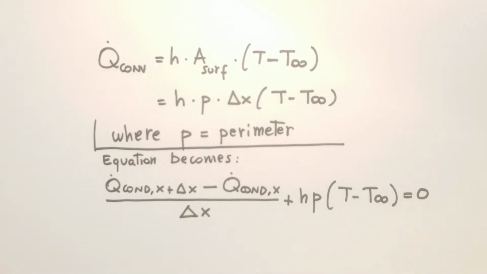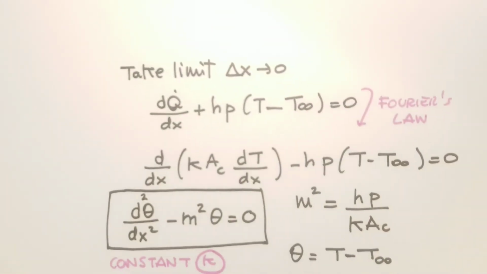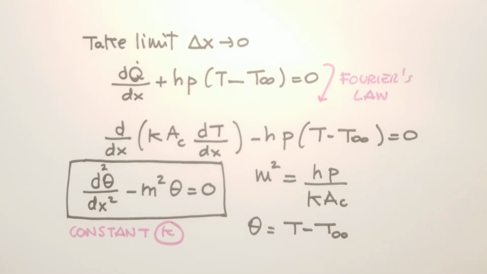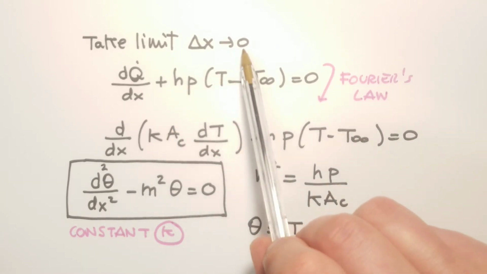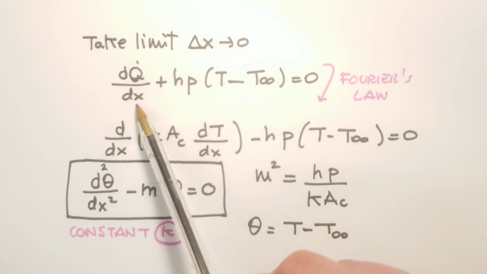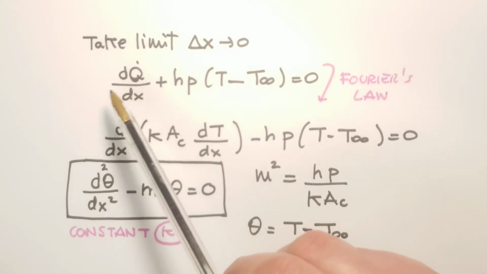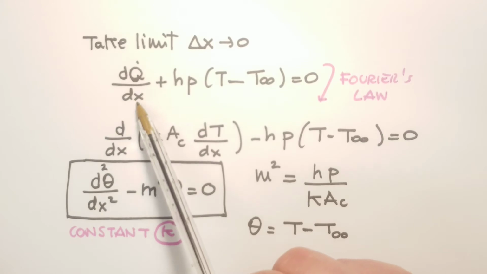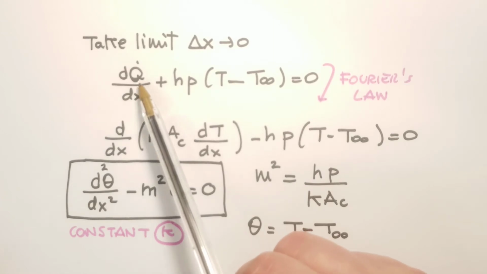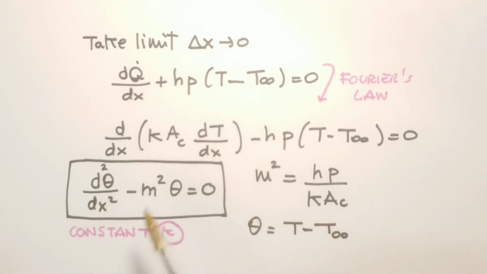And what we can do is take the limit as delta x, the thickness of the control volume, goes to 0. So delta Q over delta x becomes the derivative of Q with respect to x. Then we can use Fourier's law because we want to eliminate Q and express Q as a function of the temperature.